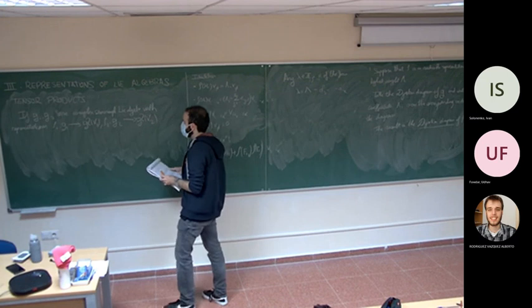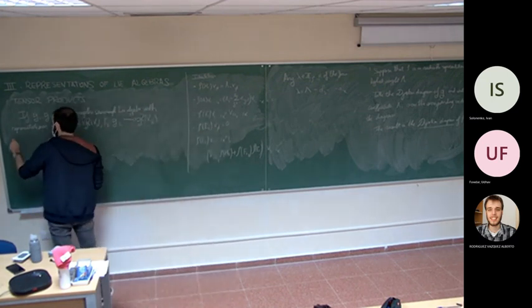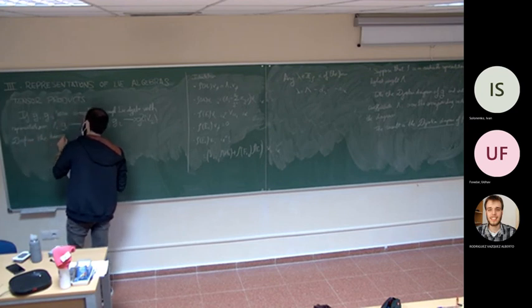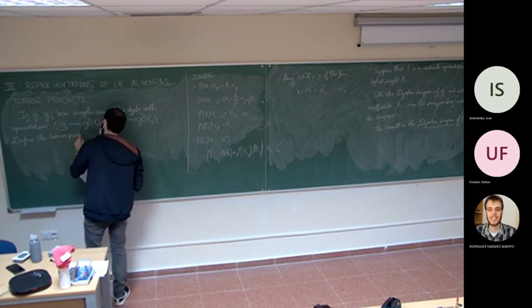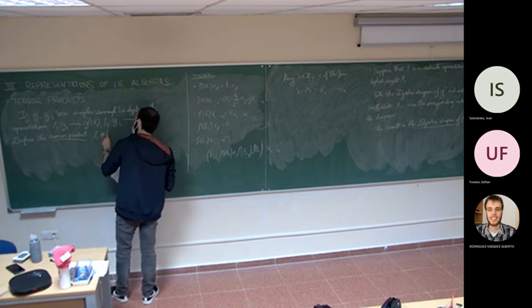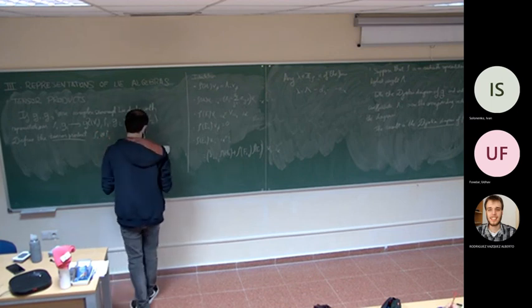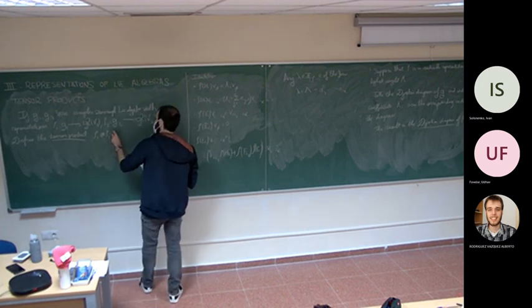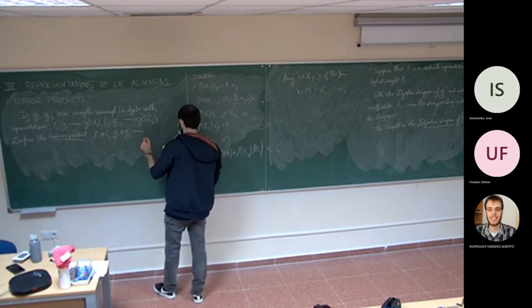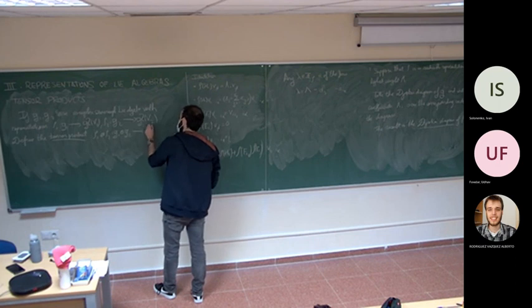So we're going to define the tensor product of these two representations, rho 1 tensor rho 2. That is going to be defined on the direct sum of G1 and G2 into the tensor product of the spaces V_i.